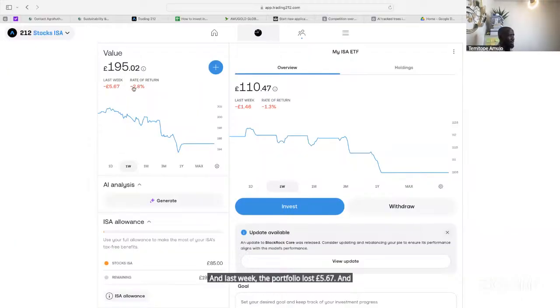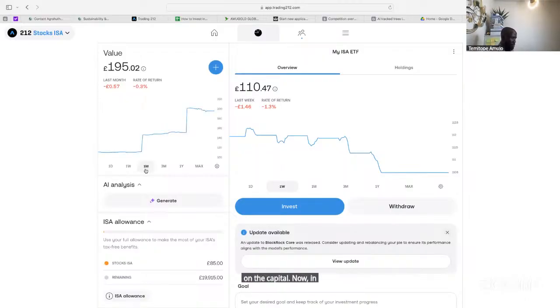And that is a minus 2.8% loss on the capital. Now, in 1 month, what happens? It shows that, okay, this is where this portfolio actually started. If you look at it down here, it's about 120 or 118. But today is around 200. So for the whole 1 month, it is not a bad one.